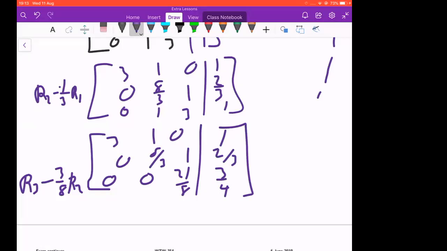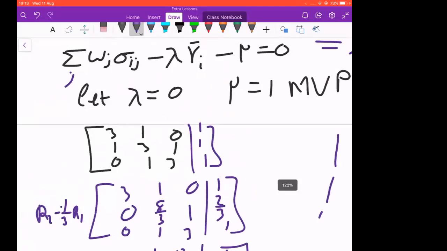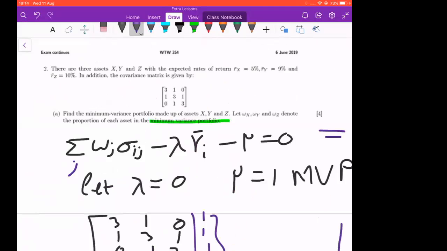The difference is that you had to write a full matrix including lambda and mu in the earlier question. In this question you only have to use the first one and lambda equals to 0. Notice that they didn't tell you the desired portfolio, the portfolio you are looking for.